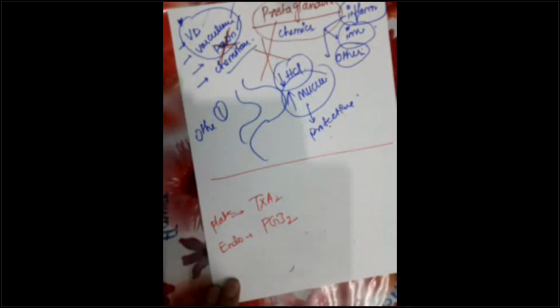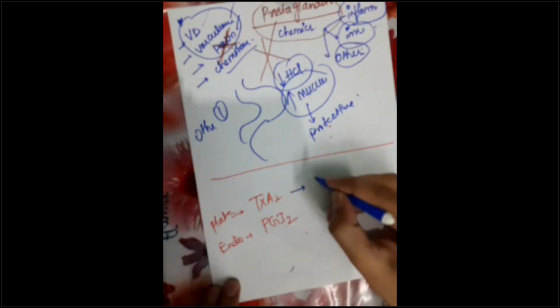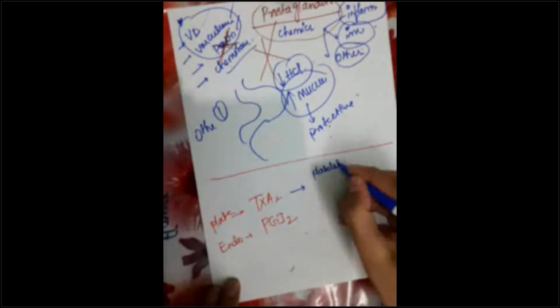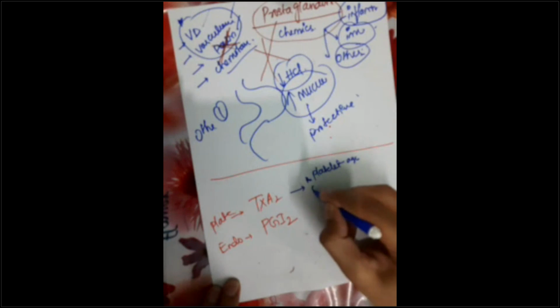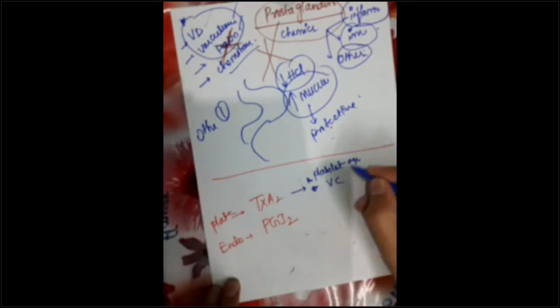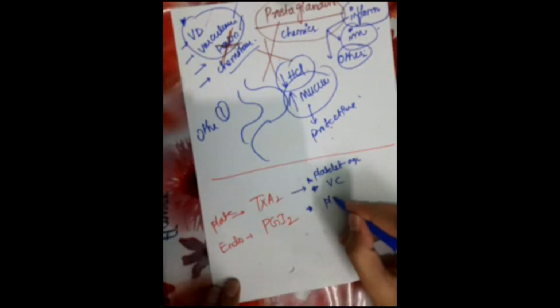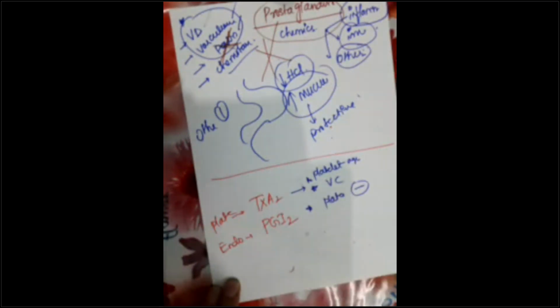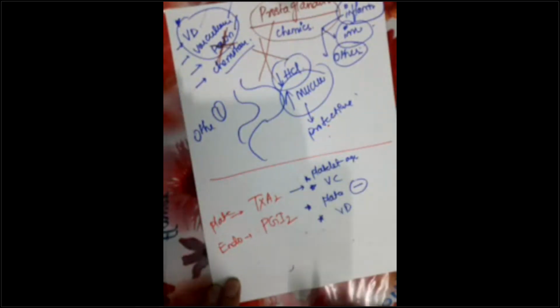Now what are their functions? Thromboxane is causing platelet aggregation and vasoconstriction. PGI2, the opposite, is causing inhibition of platelet aggregation and vasodilation. So in the body there is a balance between the two. The ratio is maintained between thromboxane A2 and PGI2.